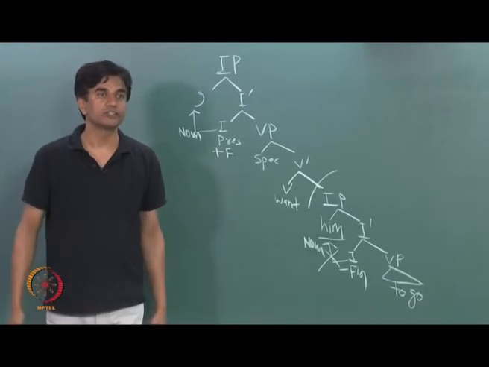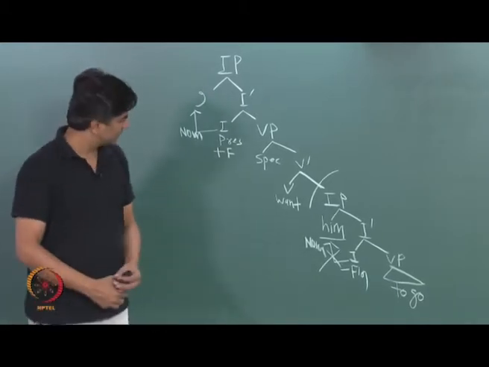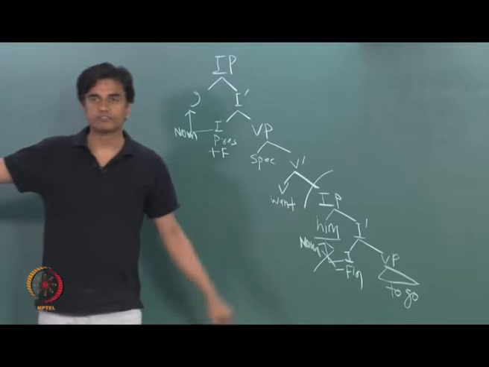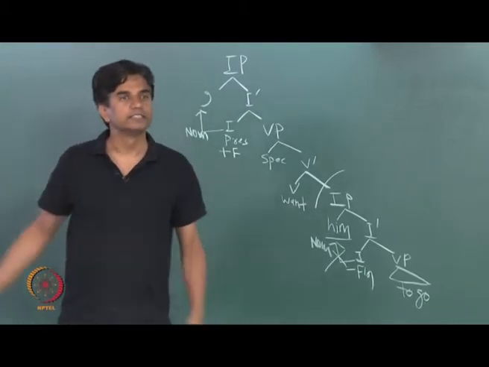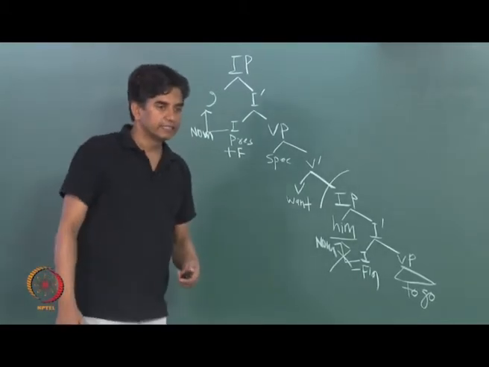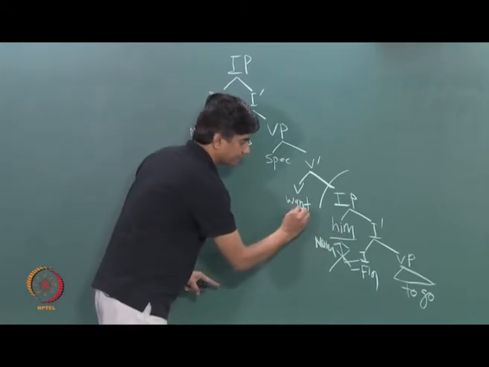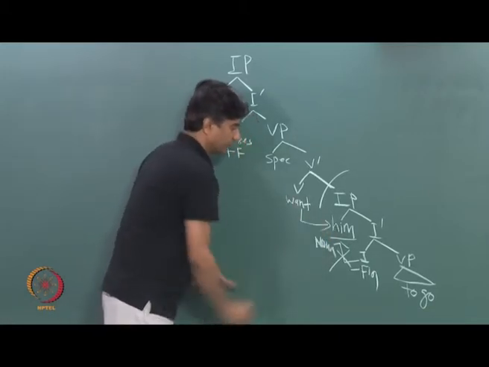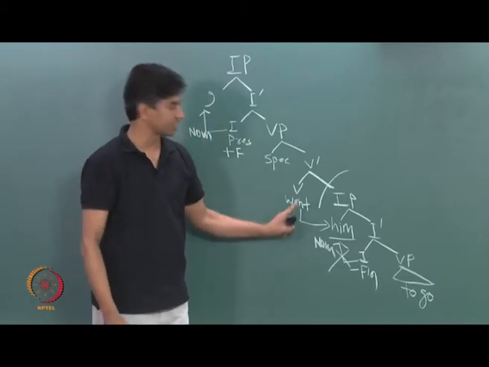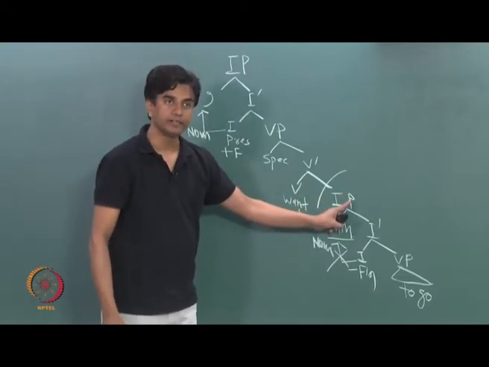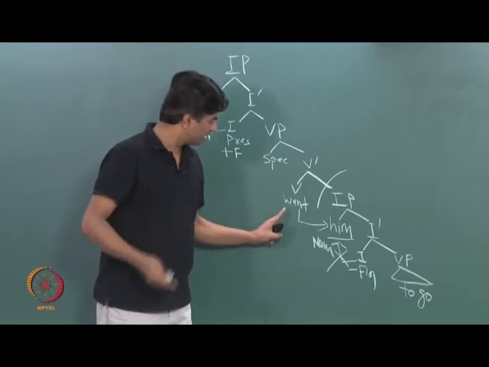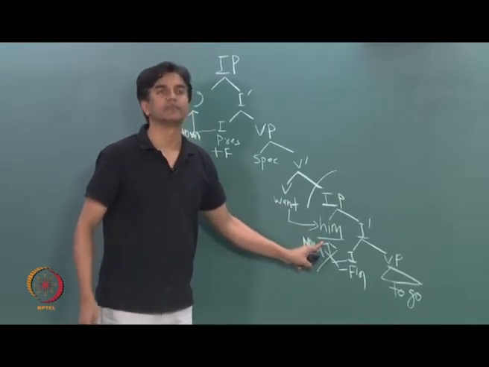Great, that also looks okay. But we have just defined that, and if we say this assigns accusative case to the IP, therefore, it assigns accusative case to the spec of IP also.